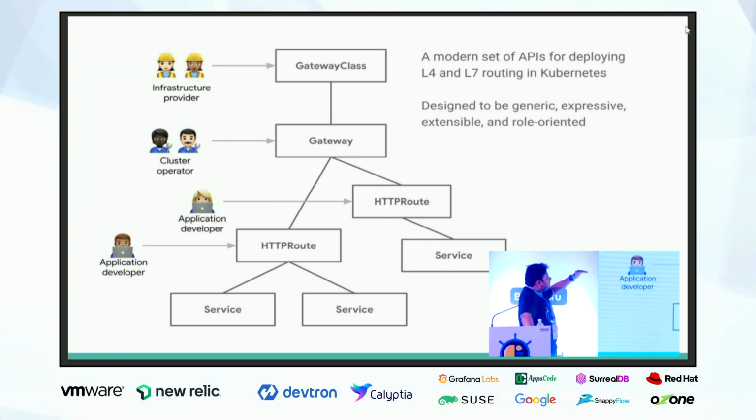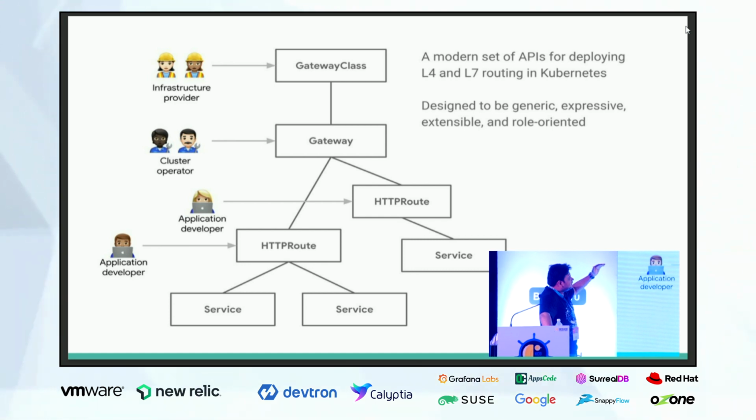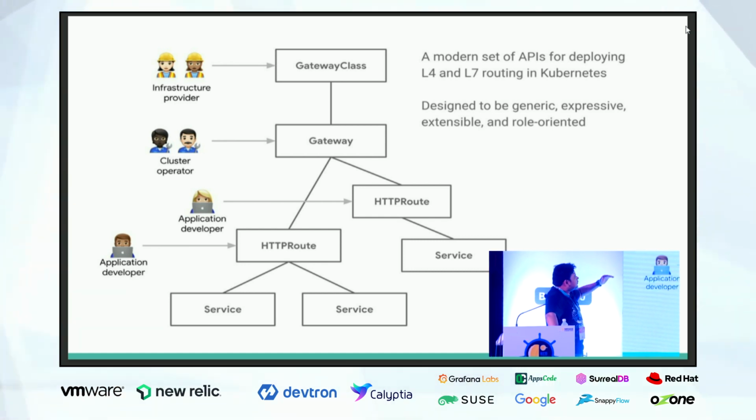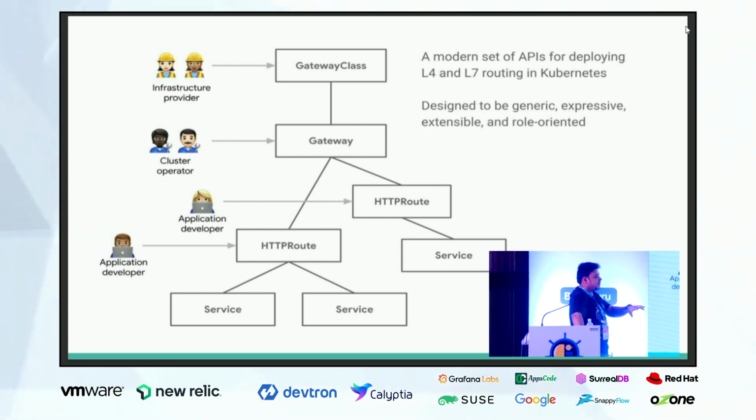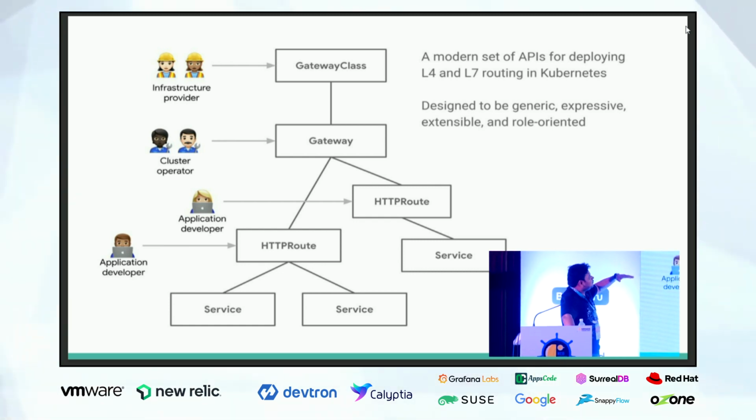The concerns which are of developers or different teams, in most cases, have been separated out from all the configuration related to the proxy itself, right? If I am a cluster admin, I won't want different teams to make any change to the proxy or Ingress controller or gateway controller that I have configured. I won't want the developer or QA team to make any changes to that. So in that way, the Ingress has been split into two, right?